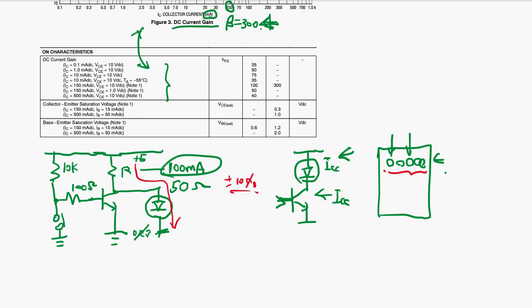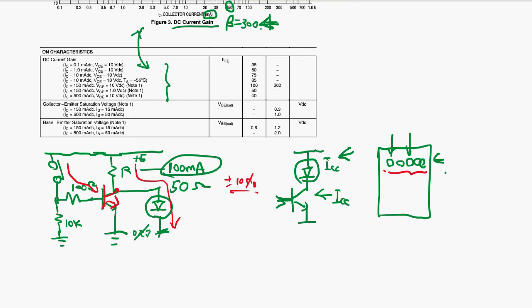So what happens is when you turn on, if you push, we do this the opposite way. We want to say when we push, it's high. Okay, when we push, then current flows into the base, and that turns on the transistor.